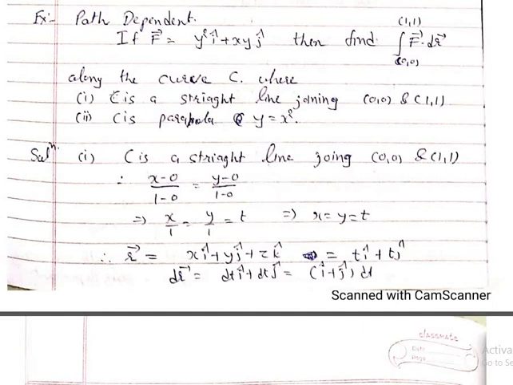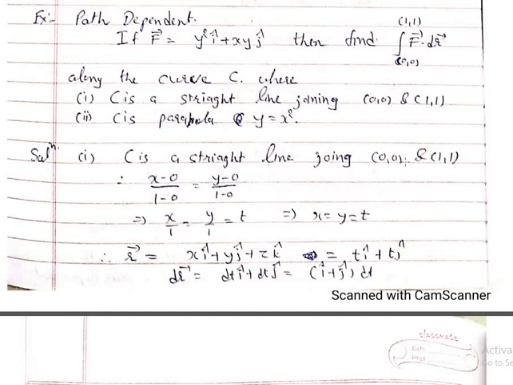So first we are going to start with C as the straight line joining (0,0) and (1,1). To find the straight line equation, it will be (x minus x1) upon (x2 minus x1) is equal to (y minus y1) upon (y2 minus y1).